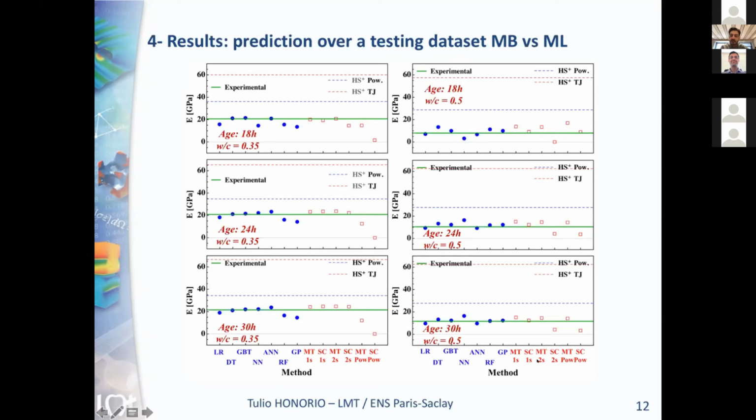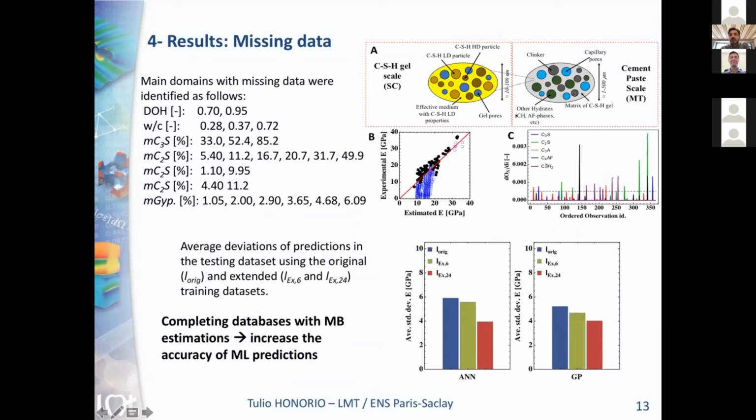It was Murray Tanaka considering three scales. So the representation of the microstructure that I have adopted is here at the top of the slide. And you can see the performance in the comparison of experimental values and estimated values in the B picture.